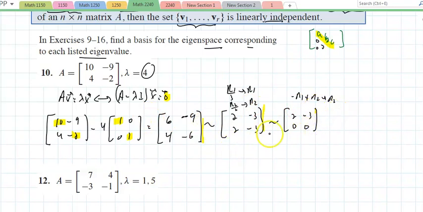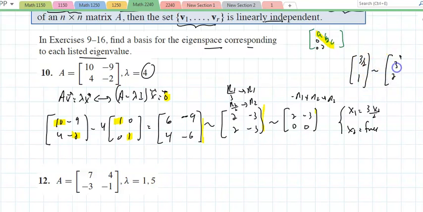Well, that means x2 is 3 and 2x1, so x1 is 3x2 divided by 2. Any multiple of this, 3 halves, they don't like that. They always make that an integer. So they say 3, 2.